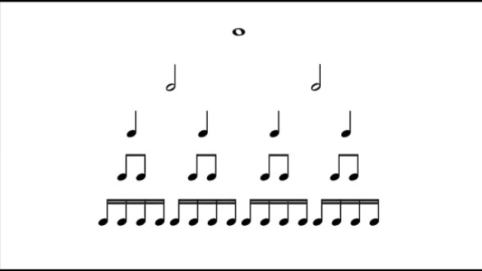But as well as notes that you hear in music, standard notation also has to show rests, periods of silence in between notes. So for every note there's a rest symbol of equivalent duration.